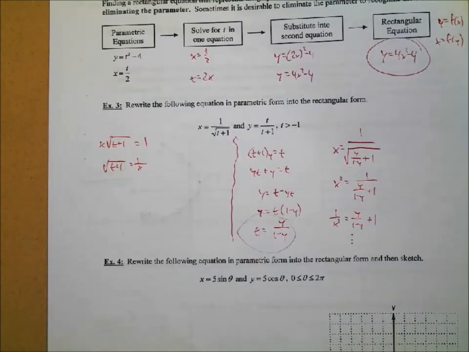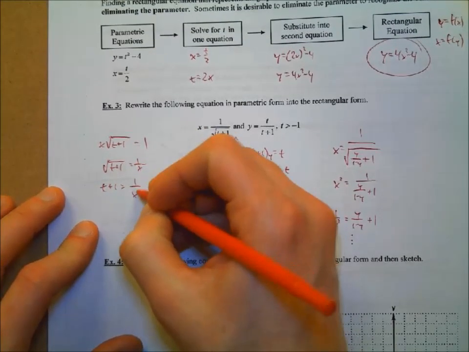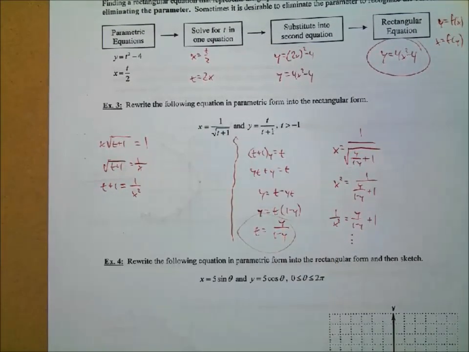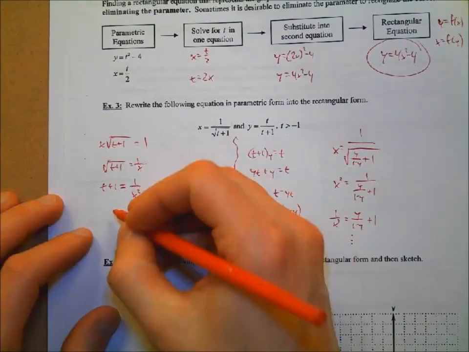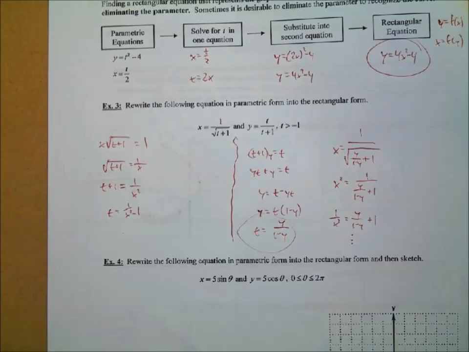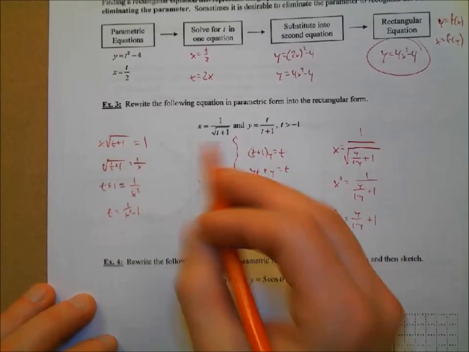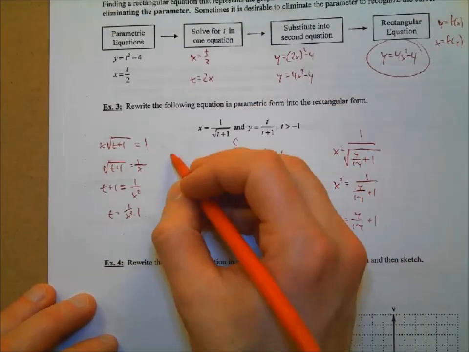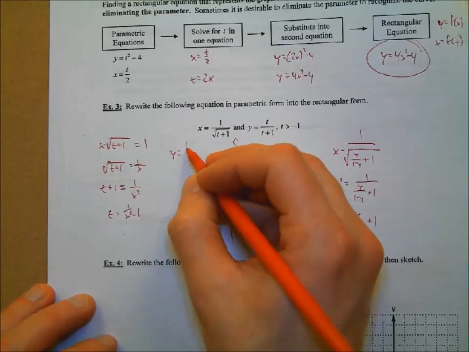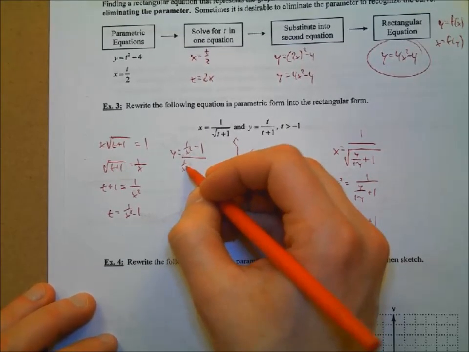And then we'll square both sides, and so we get t plus 1 equals 1 over x squared. And so then t equals 1 over x squared minus 1. Like that. All right. And then we can substitute that in place of the t's over here. And so you get y equals 1 over x squared minus 1 over 1 over x squared minus 1, but plus 1.